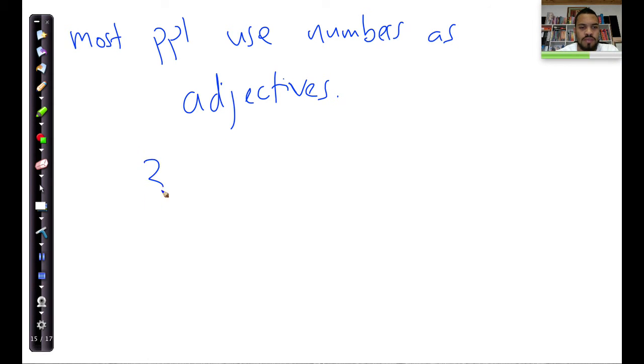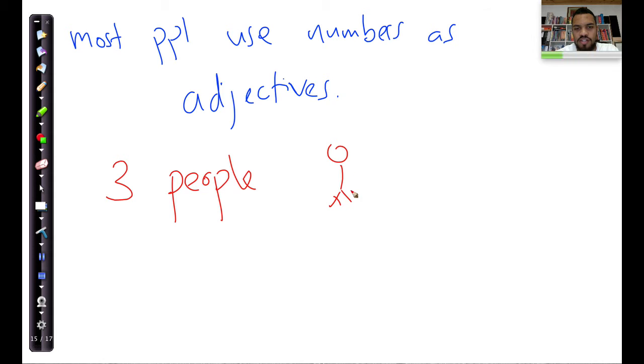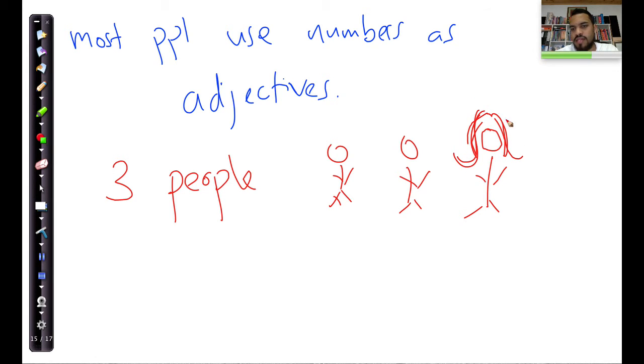So let's use 3 examples. For example, you can use an adjective such as 3 people, right? So for example, I've got Johnny, I've got Joseph, and I've got Yosha.